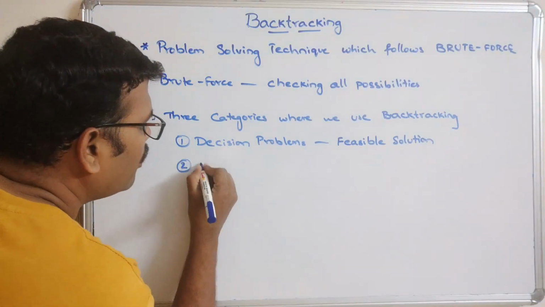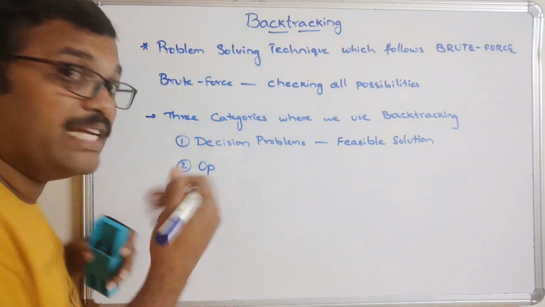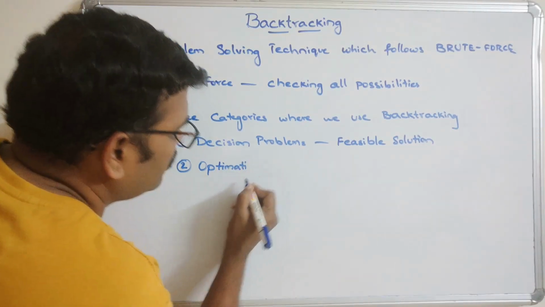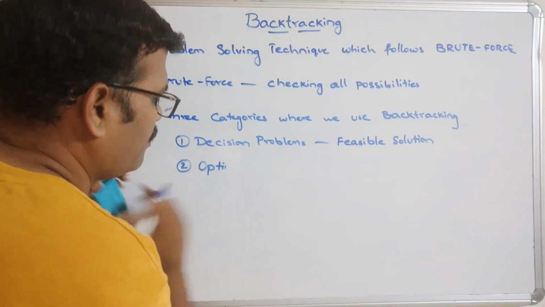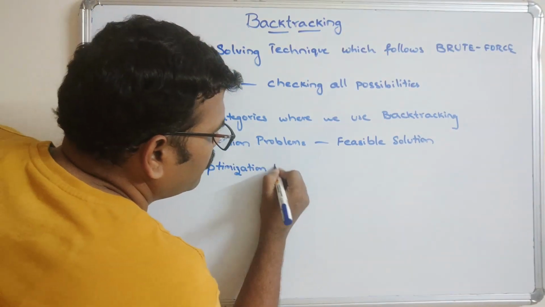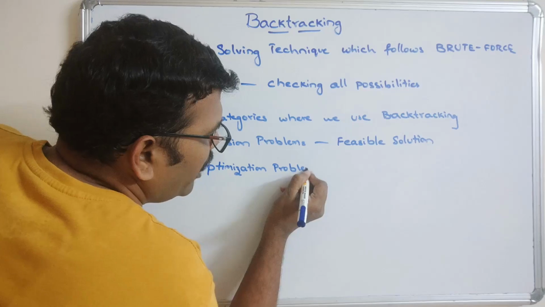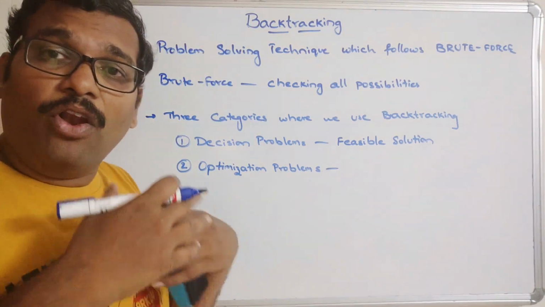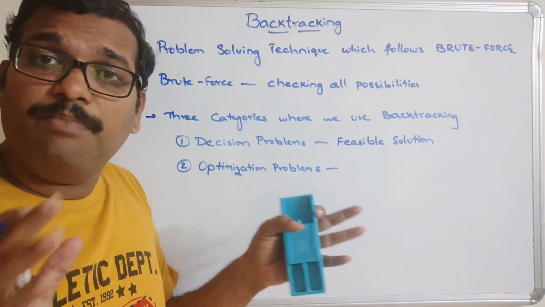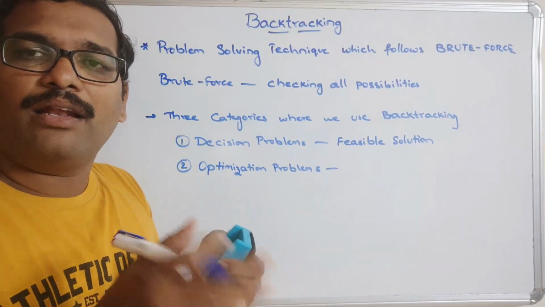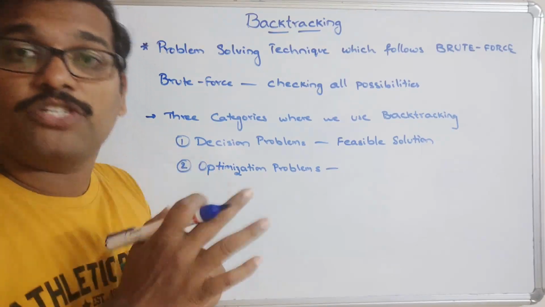And the second one, optimization problems. We have studied these optimization problems. That means we can have a lot of feasible solutions, but based upon the constraints given, we have to select the optimal, that means the best solution.